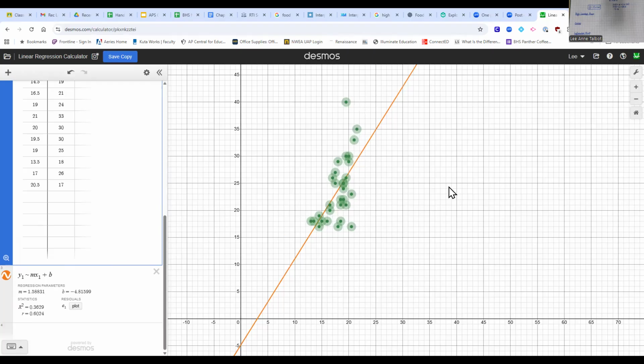It will have a table there for you, which you cannot copy and paste to. Very upsetting. It says our slope is 1.58 something, our y intercept is negative 4.8, r squared is 0.36, r is 0.6. Does that make sense to everybody? Okay.